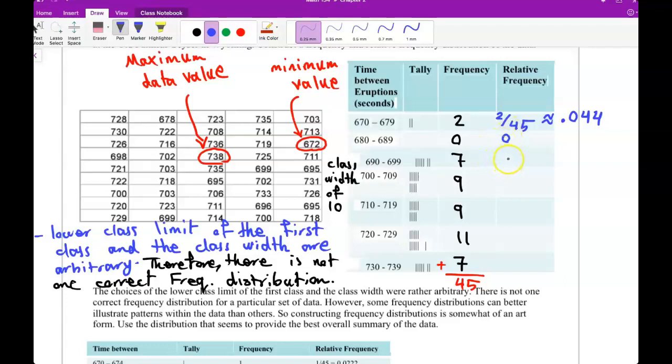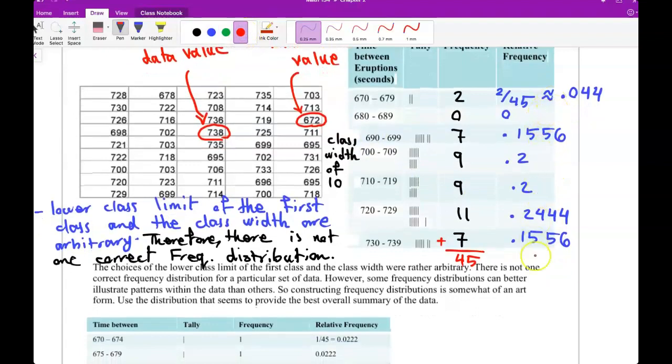And I'm rounding all these, and here I got 0.1556, 0.2 or 0.20. Here again 0.2, 0.2444, and again the same as that one, 0.1556.